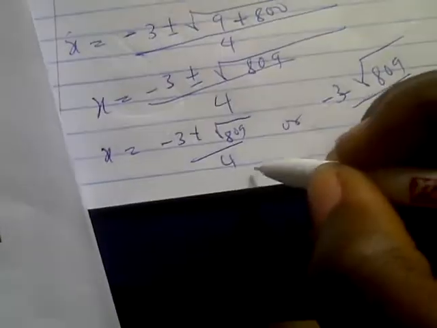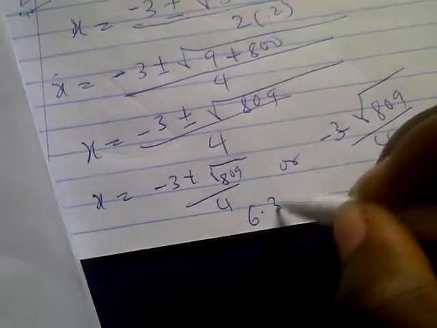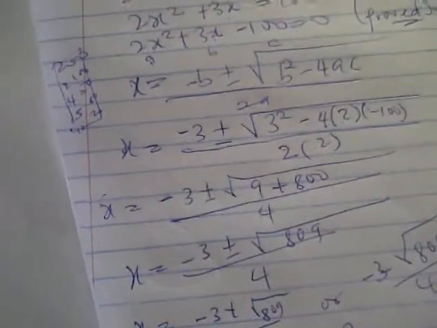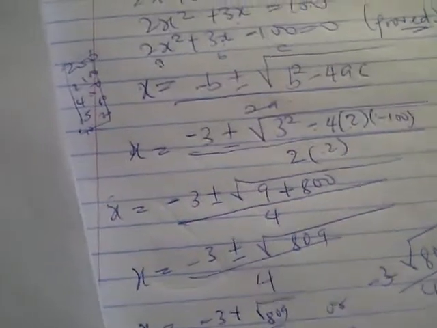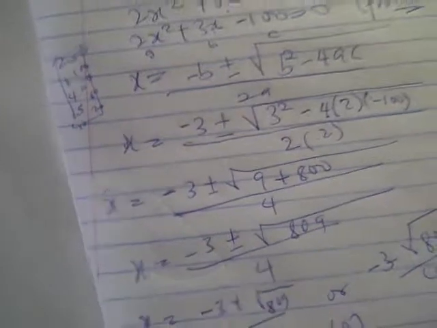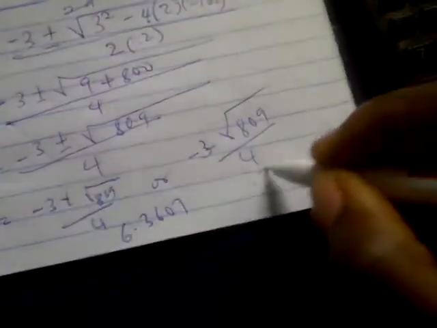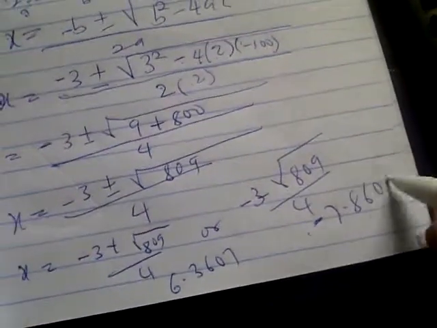You have this to be 6.3607, and for the other one you have negative 7.860.